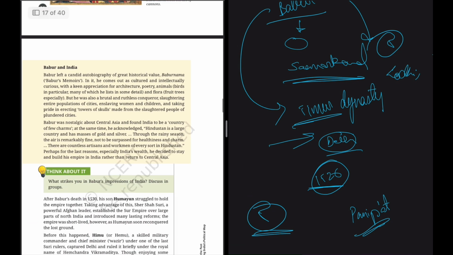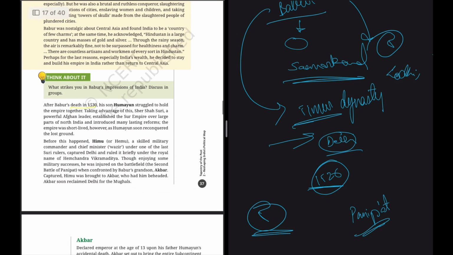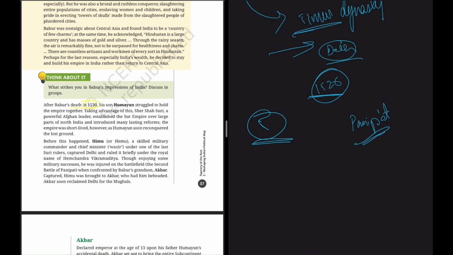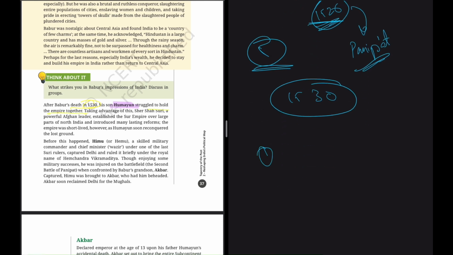Moving on, after Babur's death in 1530, since he had fought the Battle of Panipat in 1526, came his son Humayun, who struggled to hold the empire together. The first Mughal emperor was Babur, and his son Humayun had to go through a lot of struggles to hold the empire.